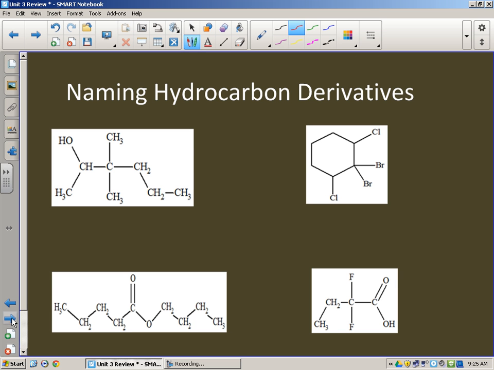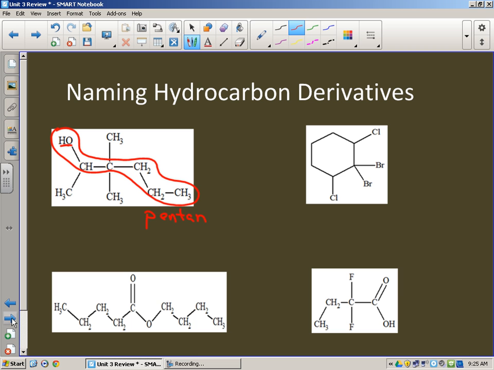So we need to name these here. Let's see. With this one here, once again, always longest chain. So make sure you find that. In this case, longest chain. Don't forget that's kind of the main feature in this one. That's the alcohol group there. So that is what? 1, 2, 3, 4, 5. And we do have to state where that alcohol group is. So that would be pentan.